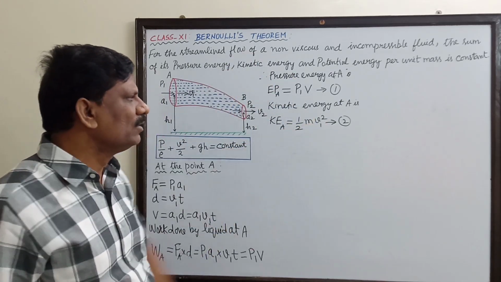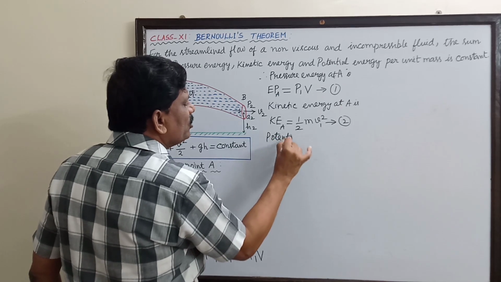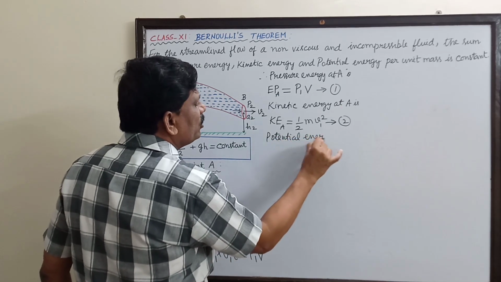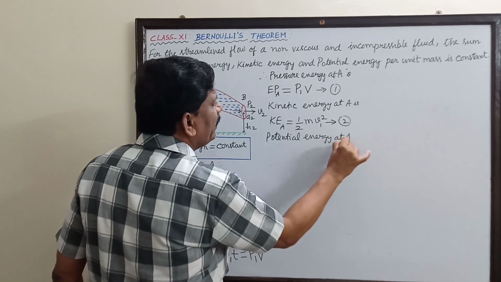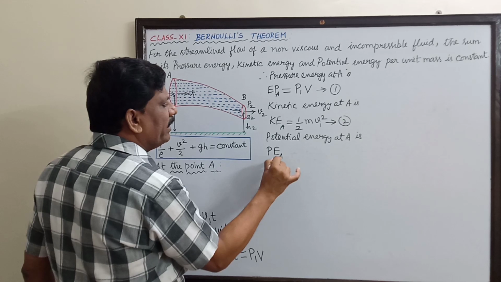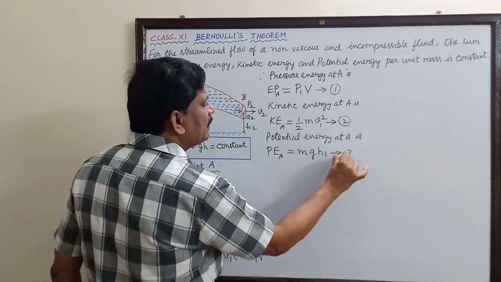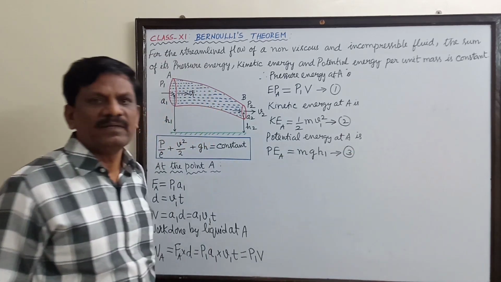Now next is the potential energy. The potential energy at A for the entire mass of the liquid is PEA, that is equal to mg into h1. This is equation 3.